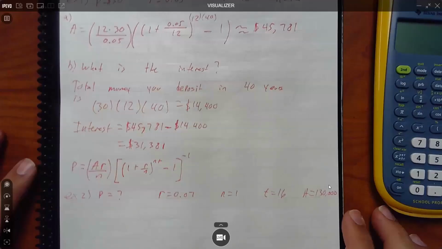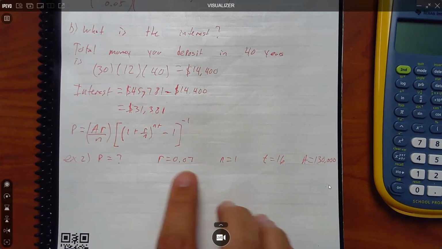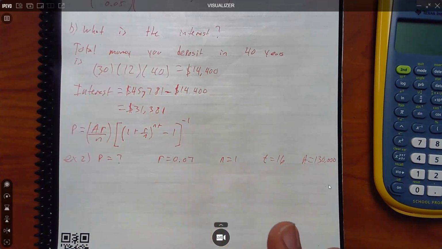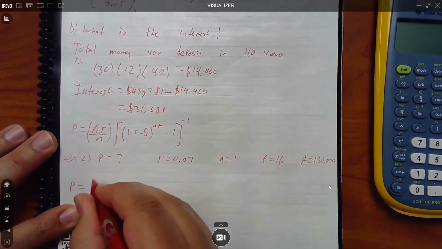Okay. So we got everything we want. R, N, T. Find out the payment you got to put in and see.